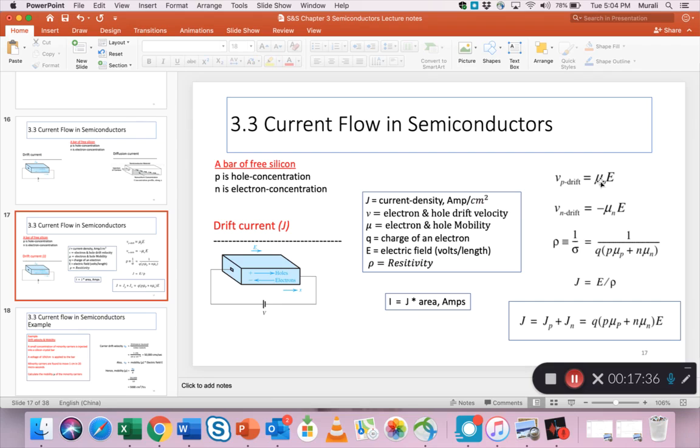We talked about drift velocity, both p drift and n drift. We talked about resistivity. We were introduced to factors called electron and hole mobility. And we also realized that a very important factor is the electric field, which is just the applied volts divided by length, because we are only considering a linear drop.